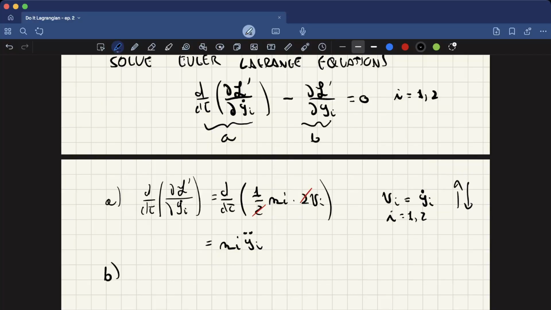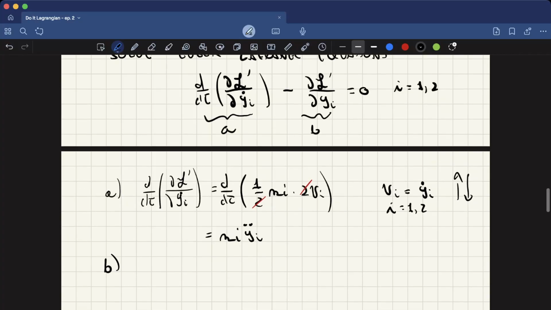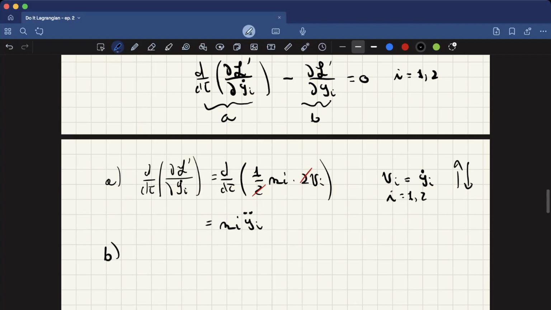So now the B term is a little bit different, but not so much.